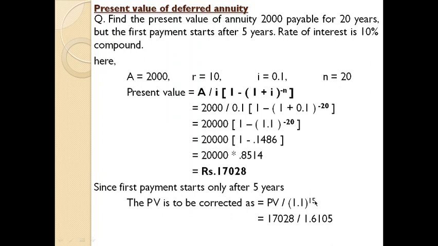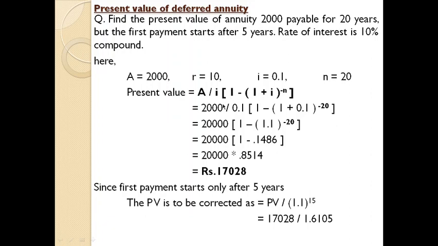You just need to take 1.1 raised to 15. There is no computation of 1 divided by something like that, because it is an equation for finding the present value factor, not the present value in the case of an annuity. Here you are trying to find the present value of the certain number after considering this lapse period of 5 years, so you are finding only on the present value factor basis.